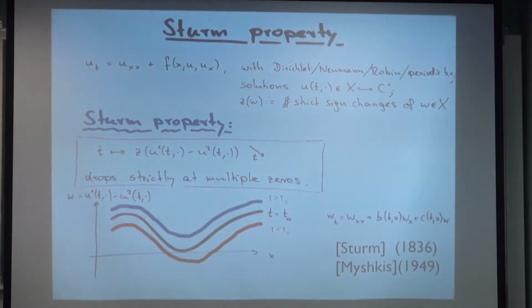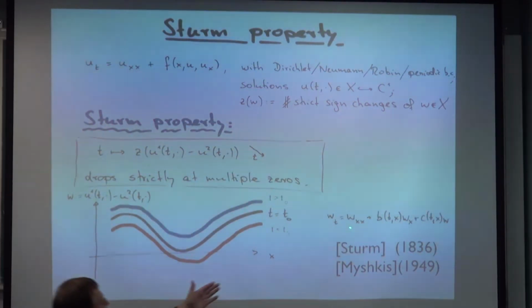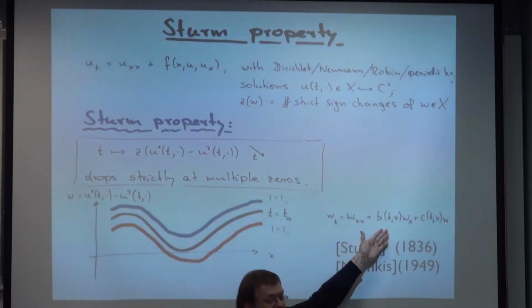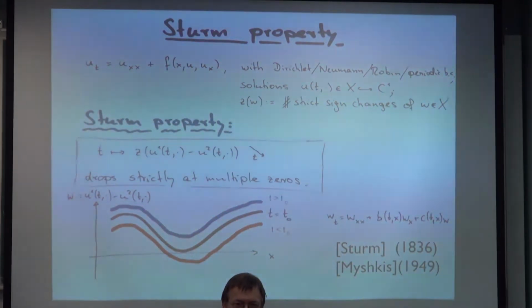Why Sturm? Very briefly. I call all this business Sturm because there is a Sturm-Liouville type structure behind that, which Sturm actually discovered in 1836. If you take any two solutions, U1, U2, of the same PDE, non-linear, Sturm was thinking linear, okay, non-linear, and you take the difference of them, then the difference, I call it W, satisfies a linear non-autonomous equation.